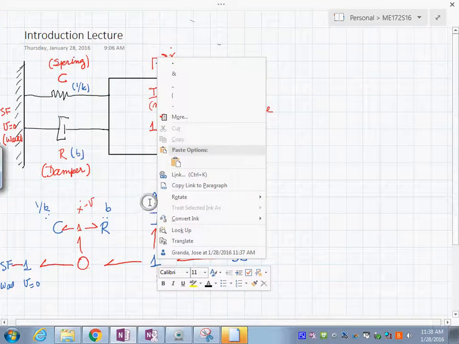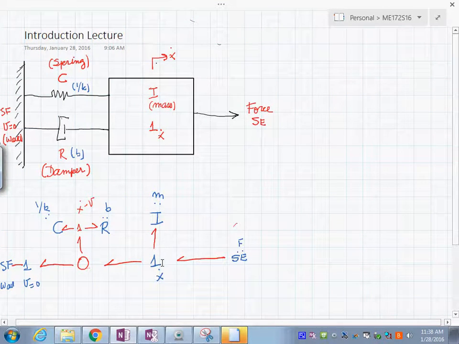The mass, of course, has this velocity x dot, and between this and the wall we have a difference, x dot minus the velocity of the wall, and that is seen by the C and the R. This representation is called a bond graph, or we could call it a junction graph or connection graph.